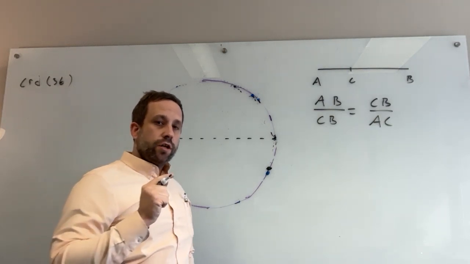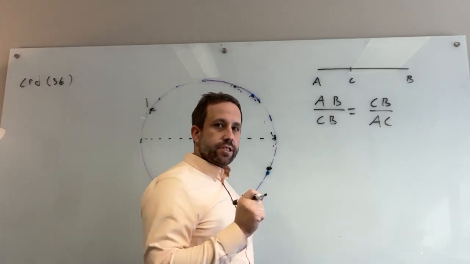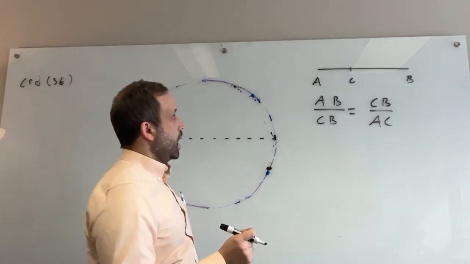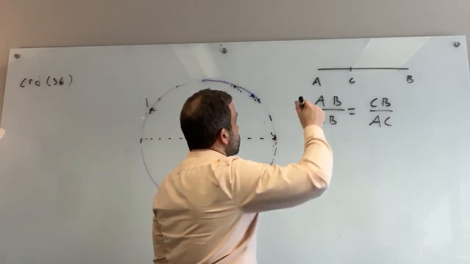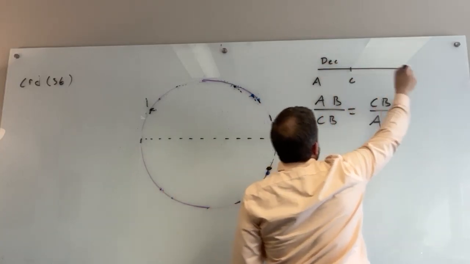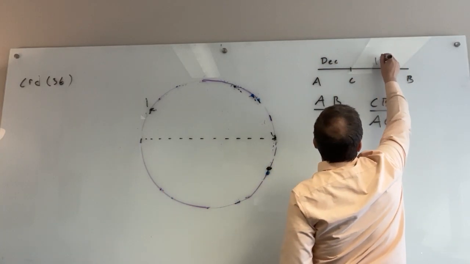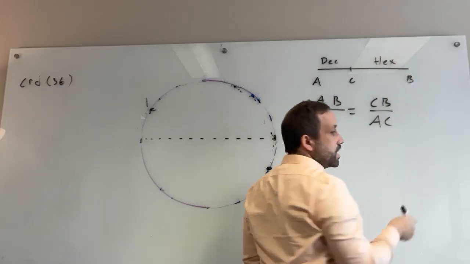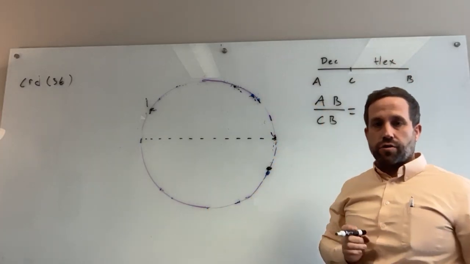Okay, now what Euclid proves is that in such a case, AC is going to be the side length of a decagon, and CB is going to be the side length of a hexagon inscribed in the same circle.